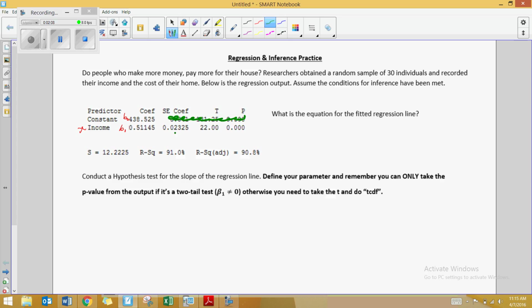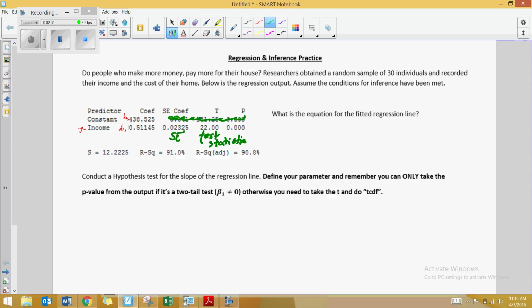So this value right here is SE. This one over here is going to be our t, our test statistic. Okay, and that will be all we actually need for this problem.